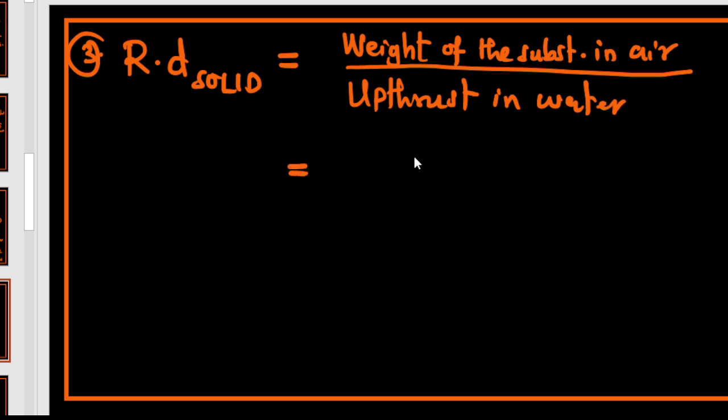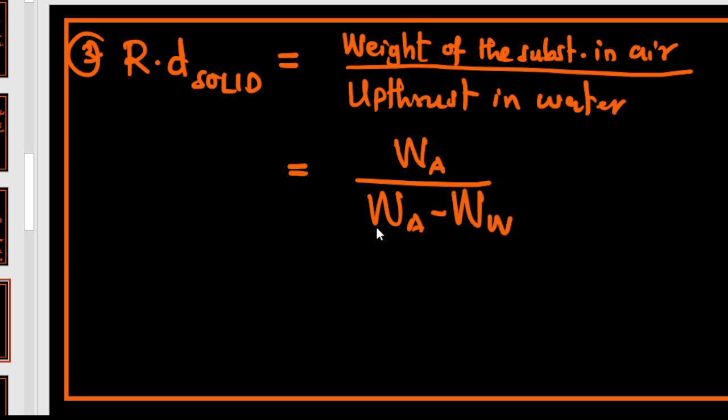So weight of the substance in air is W subscript A. Upthrust in water means weight in air minus weight in water. So this formula here is only valid for a solid substance. You get to understand it more after Archimedes principle and flotation principle.